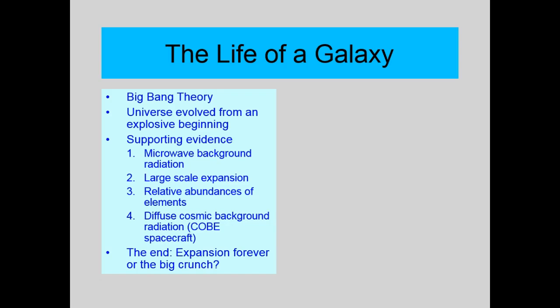And then you have things like diffuse cosmic background radiation. The COBE spacecraft or observer has been measuring this for years, and they can't explain it any other way than that something happened a long time ago.